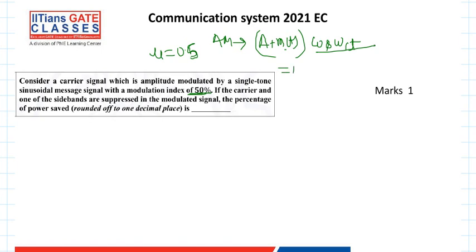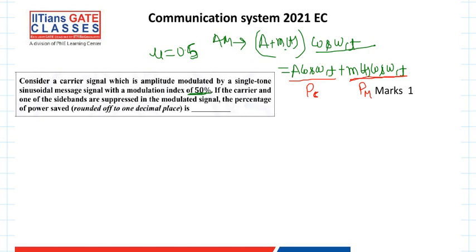This can also be written as A cos omega c t plus m(t) cos omega c t. This first term is the carrier term, and this second term is the message term. So the power of the first term will be the carrier power, and the power of the second term will be the message power.